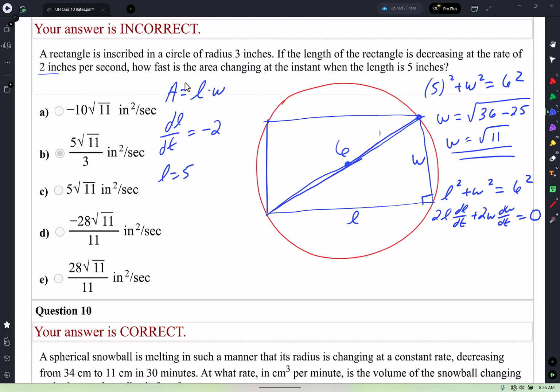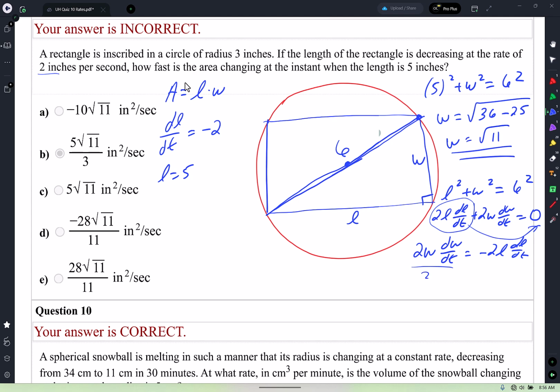I'm going to move this guy. So 2W dW/dt equals negative 2L dL/dt. I can already kind of see the answer. It's going to have to be positive, it looks like, but we'll just let the math do the work.